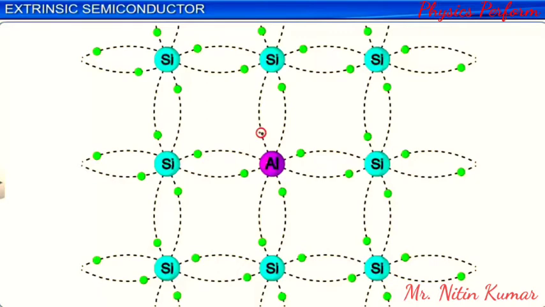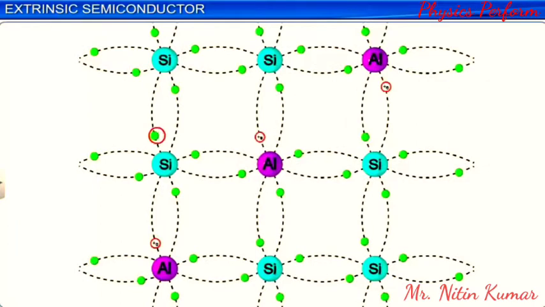A trivalent dopant atom forms covalent bonds with 3 neighboring semiconductor atoms. However, the dopant atom has no electron to share with the 4th neighboring semiconductor atom. Thus, a vacancy or hole is created in the lattice. Each trivalent dopant atom creates one hole in the crystal lattice of the semiconductor.